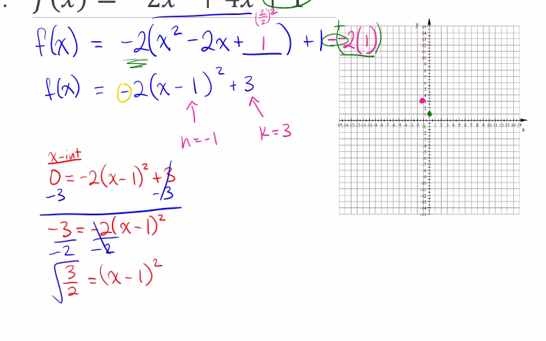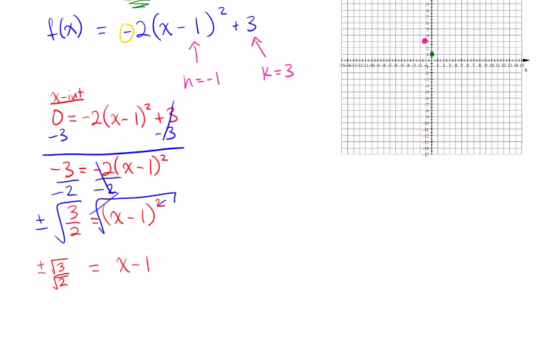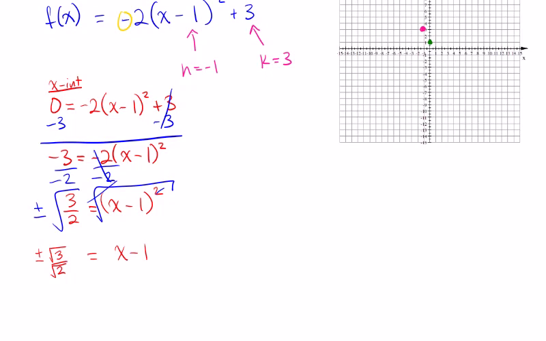You can take the square root of both sides. And so we get x minus 1 on the right. And on the left we get plus or minus the square root of 3 over 2. So that's √3 over √2. Now, if we were simplifying, we want to rationalize the denominator, right?